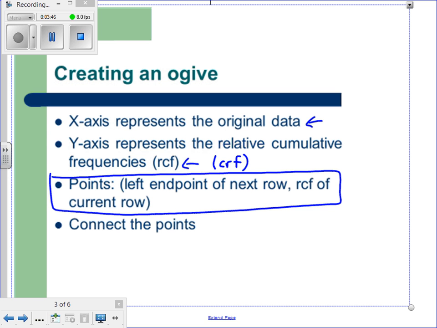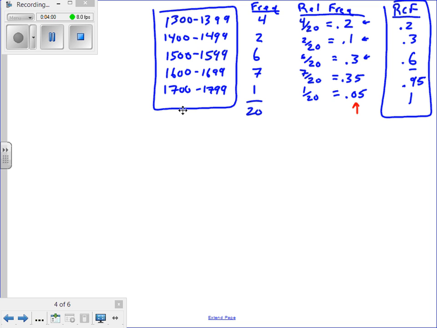The way that I think about this is: what percent is below your current value? All right, and so to finish off the ogive, we're going to connect the points to lines. So I'm going to put my sentence back here. What percent is below?